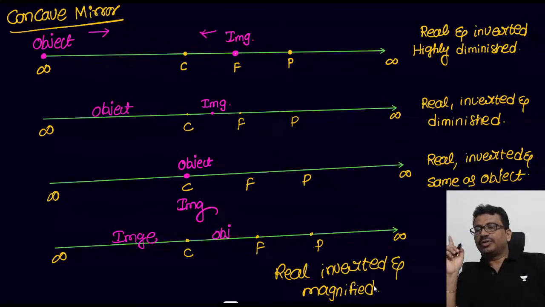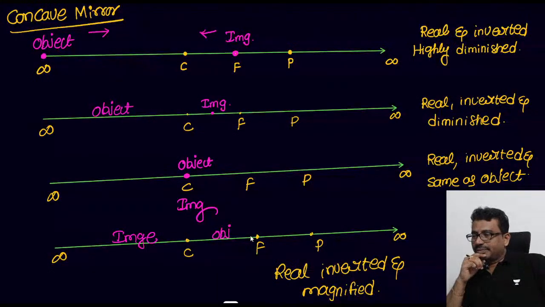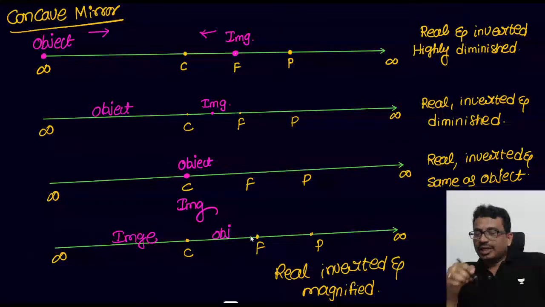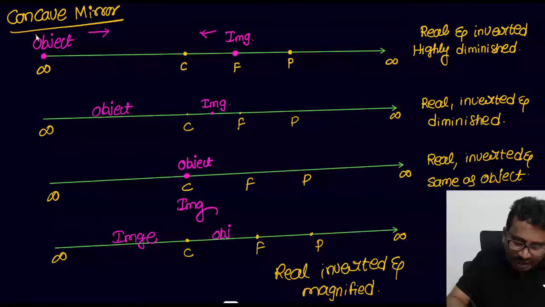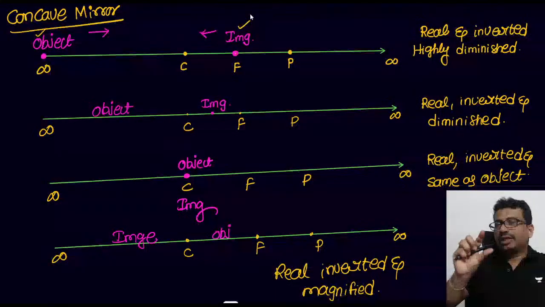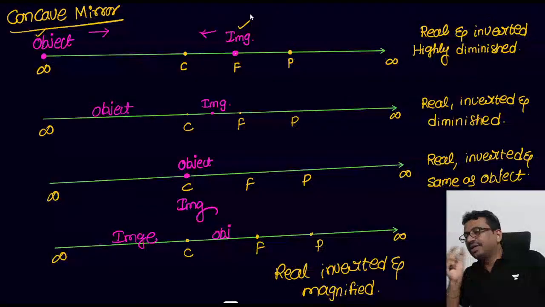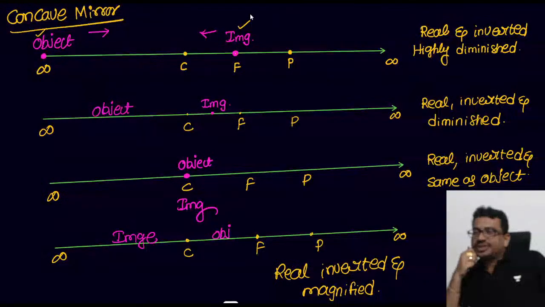Now can you tell me, if the object reaches the focus, what happens to the image? Earlier, if the object is at infinity, the image is at the focus. Now here, if the object is at the focus, the image will reach just to infinity. They exchange the positions.